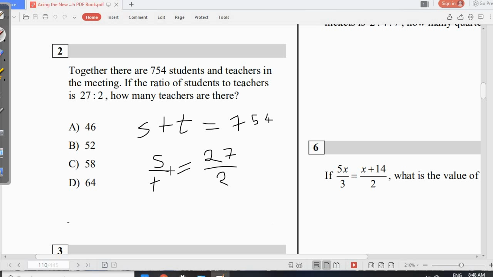So simply multiply this: you have s equal to 27 over 2 times t. Since you have s as this, just simply add them together. So we substitute s for 27t over 2 in here plus t equal to 754.